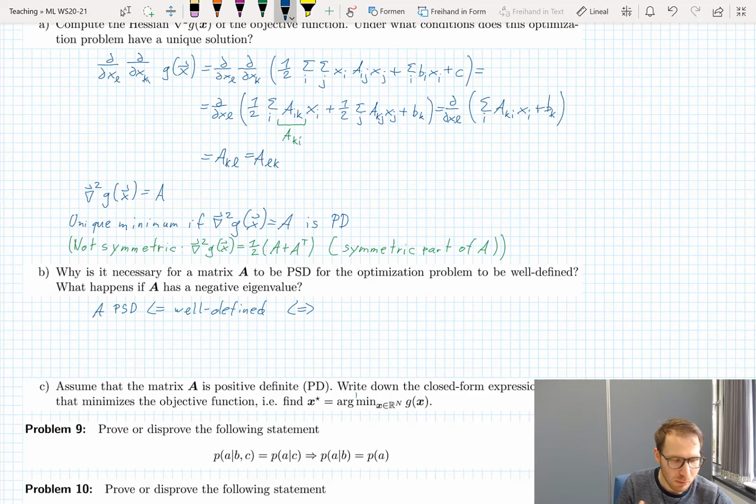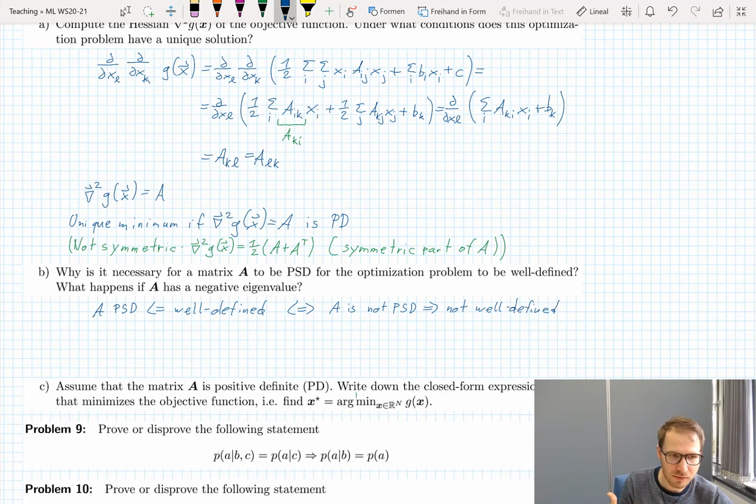So the way we prove this is by switching this order, by saying A is not PSD. So if it's not PSD, then it can't be well defined. Not well defined.